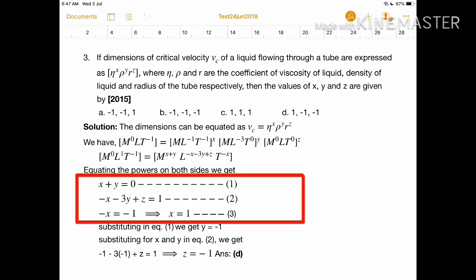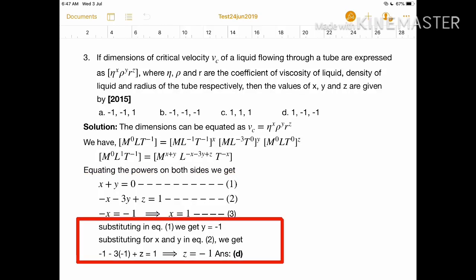Since the bases are to be same, we can equate the powers as x plus y equals 0, which can be labeled as equation 1, minus x minus 3y plus z equals 1, which gives us equation number 2, and the third equation directly gives the value for x as x equals 1. Substituting and simplifying the equations, we get y equal to minus 1 and z also equal to minus 1. So the final answer will be option D.